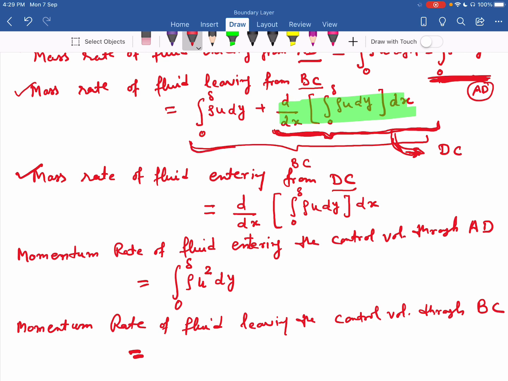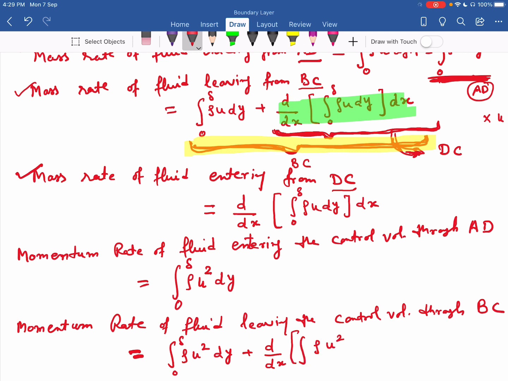So this is the total part, which I can mark as the yellow one. This comes out to be the mass multiplied by the layer velocity, so I have to multiply this by small u. So I can again write this as integration of rho u square dy from 0 to delta plus d by dx of rho u square dy dx from 0 to delta.